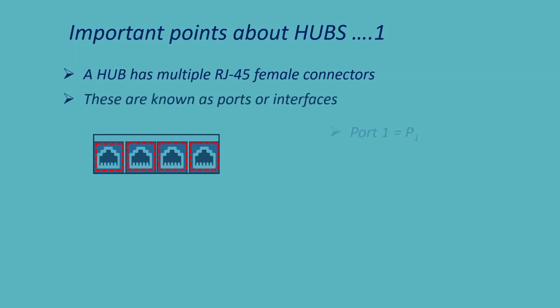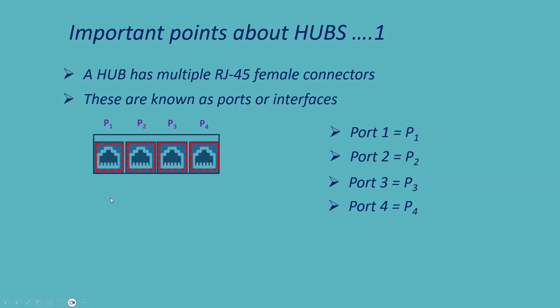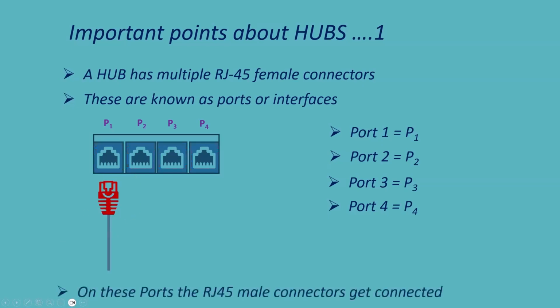Each of these RJ45 interfaces or ports, as we call them, can be labeled port 1, port 2, port 3, port 4, and in short I have labeled them P1, P2, P3, P4. Obviously, these being RJ45 female connectors, the cable with the RJ45 male connectors would come in and fit into them. This is how it will work.